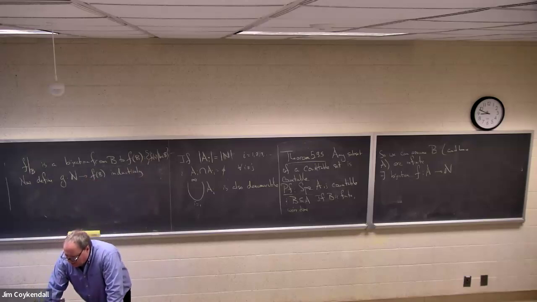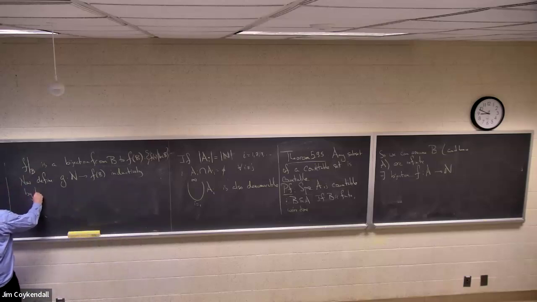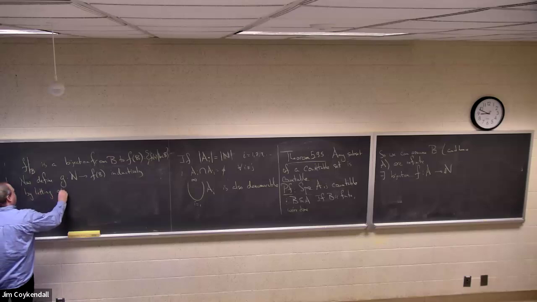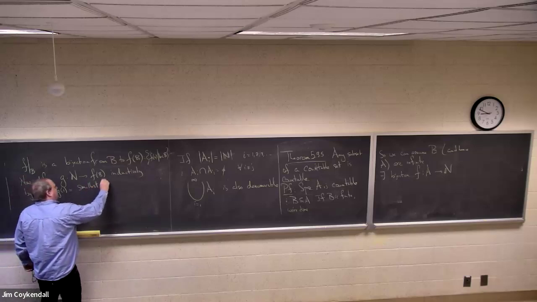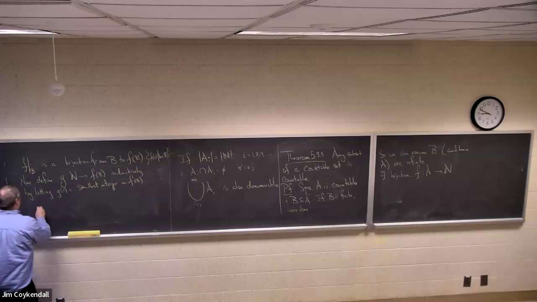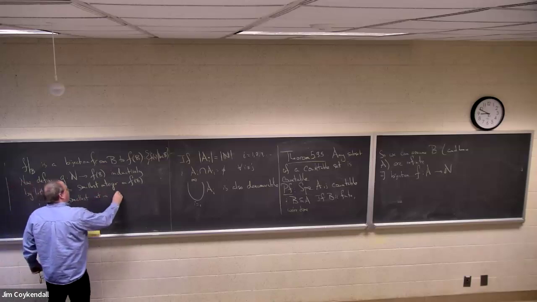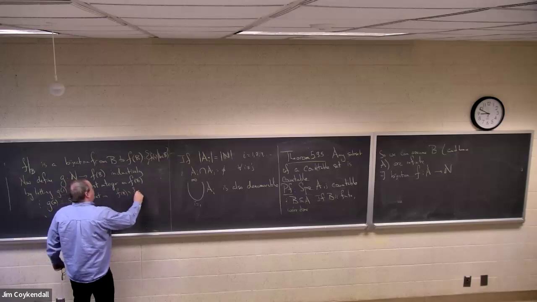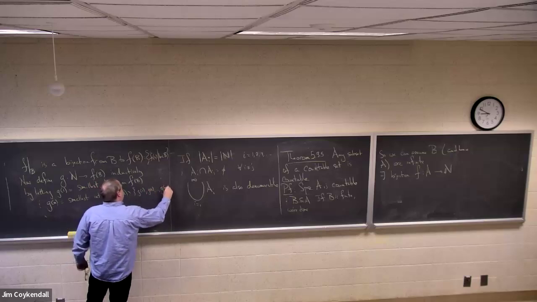We will let G of 1 be the smallest integer in F of B, and G of n be the smallest integer in F of B, take away G of 1, G of 2, up to G of n minus 1.